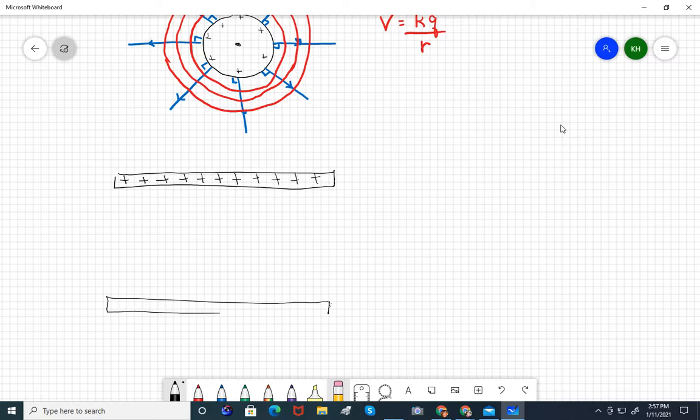This plate is negatively charged. We'll connect them with a 12-volt battery. Here's the positive terminal. Here's the negative. Whoops. There's the negative.